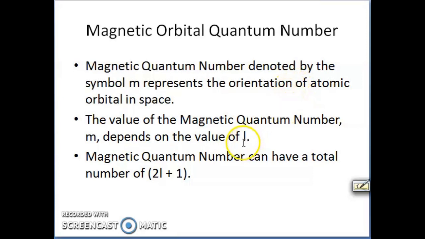Relating it to the azimuthal quantum number, the value of the magnetic quantum number depends on the azimuthal quantum number, and the total number of magnetic quantum number values will be equal to 2l plus 1.